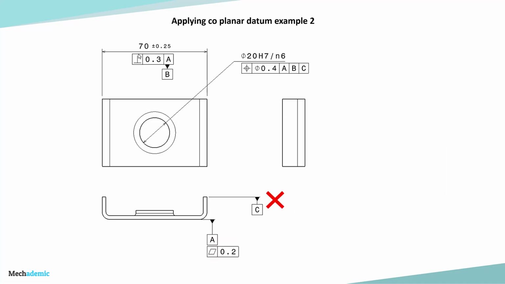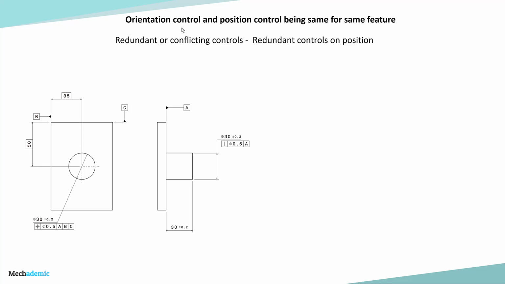Here is another example of the coplanar datum with the same drawing as we had seen earlier for the pin. Datum feature A is the primary datum feature, datum feature B is this width feature of size, and datum feature C is this, which is wrong. Both A and C are in the same plane. Orientation control and position control cannot be applied with the same tolerance on the same feature.